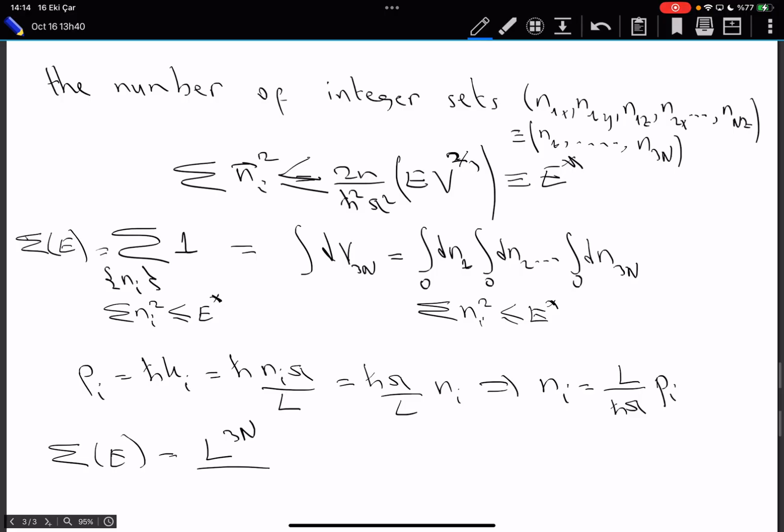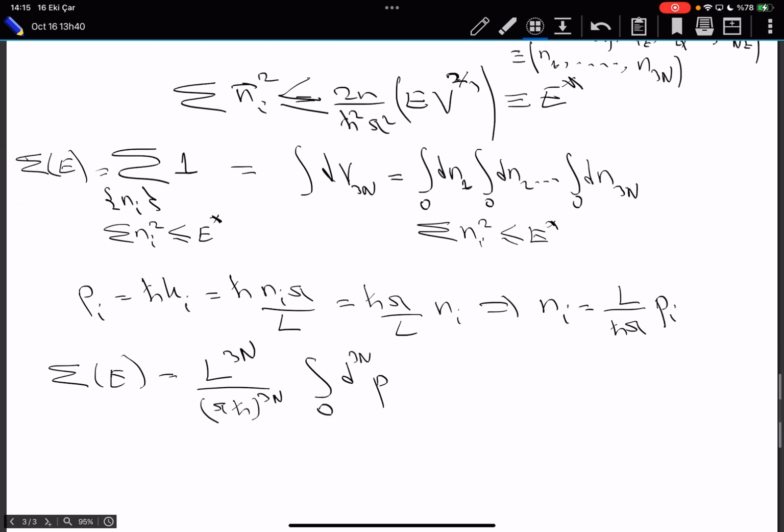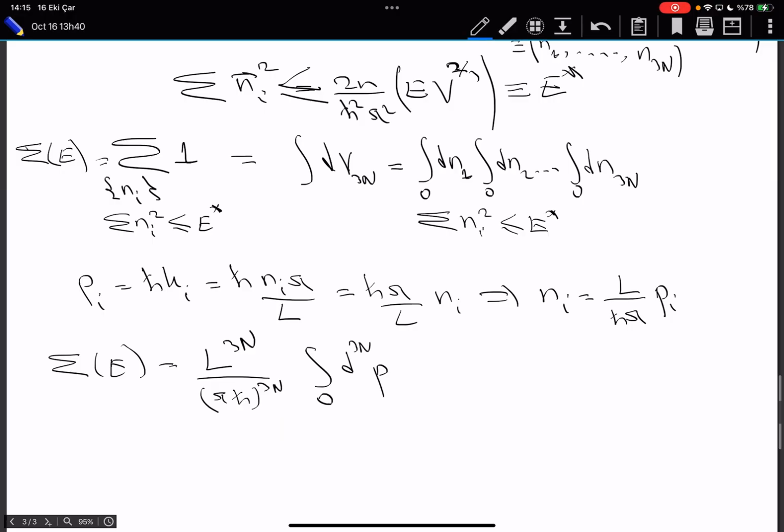Divided by pi h bar to the power 3n. Integrated over dp1 or the 3n-dimensional momentum integral. Momentum starting from 0 up to some value restricted by the constraint that the sum over pi squared should be less than or equal to e.